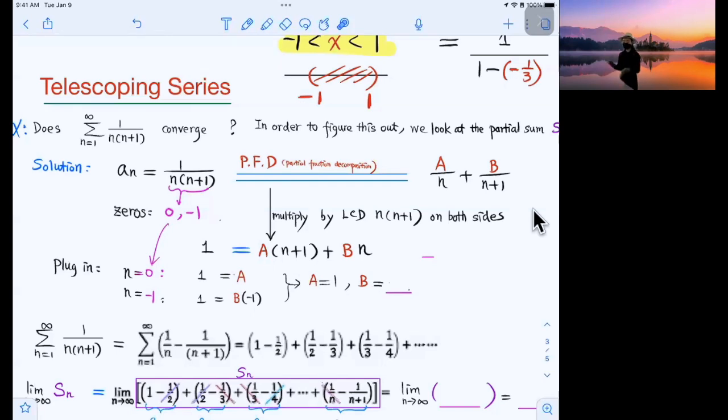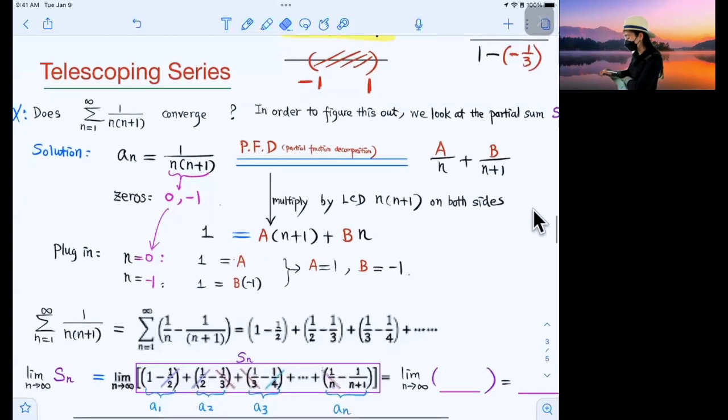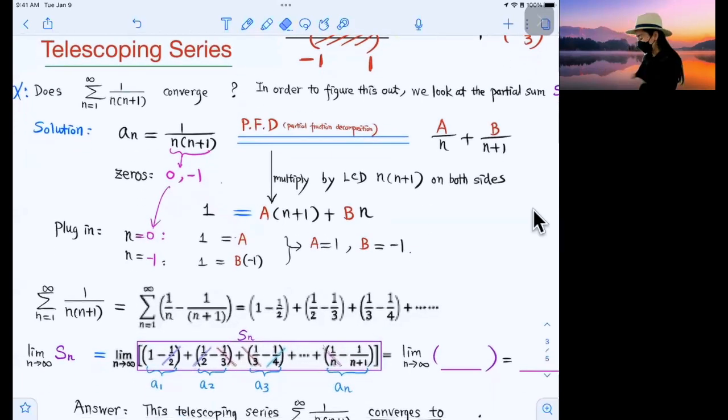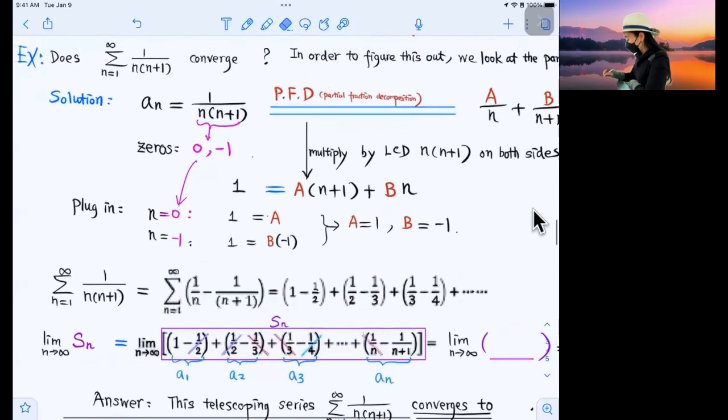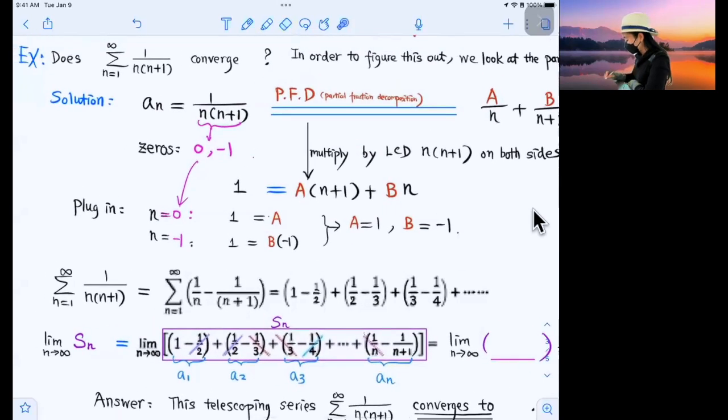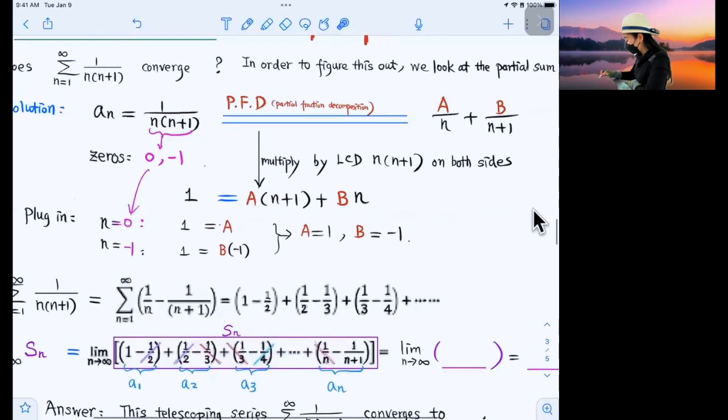So what is b equal to? -1. Yeah, you got it. So this is one method to figure out a and b. Once you do that, you know that this is going to be decomposed into 1 over n minus 1 over n plus 1.